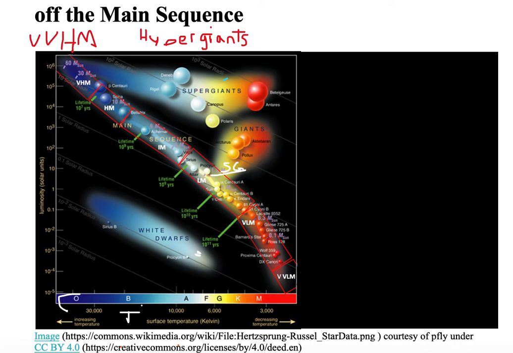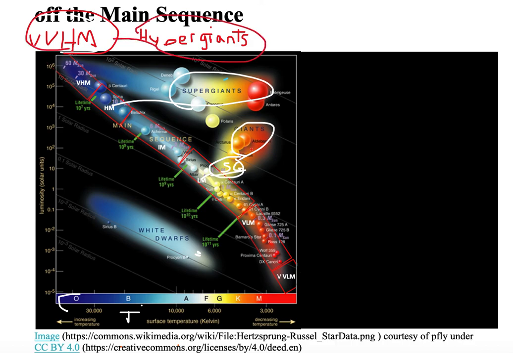These low mass stars evolve into subgiants and giants, whereas the high mass stars evolve into supergiants, and the very, very high mass stars evolve into the hypergiants. So you'll never have a case where the subgiants and giants turn into supergiants or hypergiants, and the other way around. You won't have hypergiants and supergiants evolving into giants or subgiants.